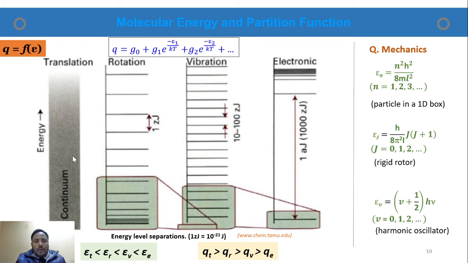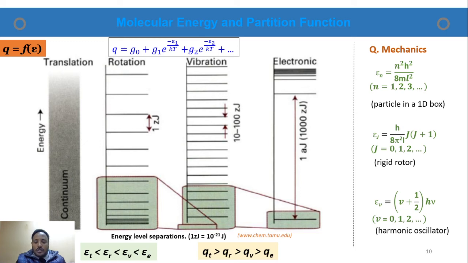If we compare the partition functions corresponding to translational, rotational, vibrational, and electronic energy, the order is that the translational partition function is highest, greater than the rotational partition function, which is larger than the vibrational partition function, which is larger than the electronic partition function. In fact, the value of the translational partition function tends to attain values of the order of 10 to the power 28 to 10 to the power 30.